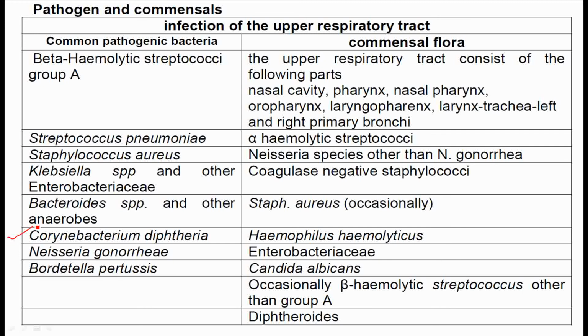Next pathogenic bacteria is Corynebacterium diphtheriae, and the commensal flora is Haemophilus haemolyticus. Next pathogenic bacteria is Neisseria gonorrhoeae, and the commensal flora is Enterobacteriaceae.